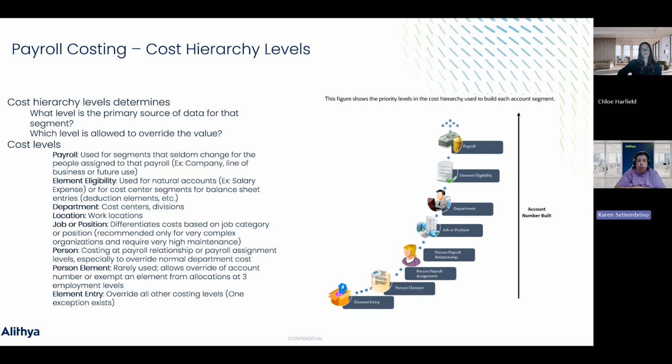So these conversations have to happen at the very beginning of your design and your business process workshops to ensure that not only during implementation, but post go live as well as in the future, you have what you need both from a payroll perspective in calculating your pay, but also from the general ledger's perspective in reporting and ensuring that your financial statements are accurate.